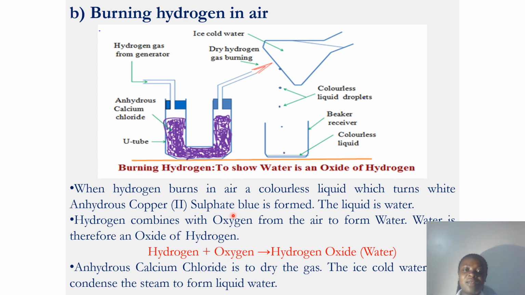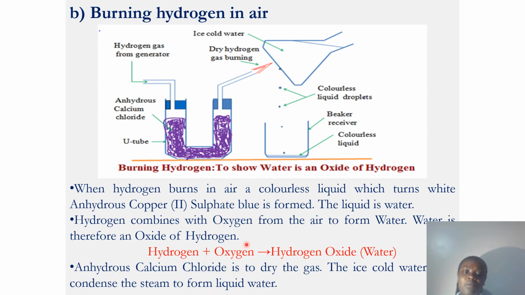So when hydrogen burns in air, a colorless liquid which turns anhydrous copper 2 sulfate blue is formed. So, which is this liquid that is turning a white anhydrous copper 2 sulfate blue? This liquid is water. So, that means hydrogen gas, when burned, produces water.